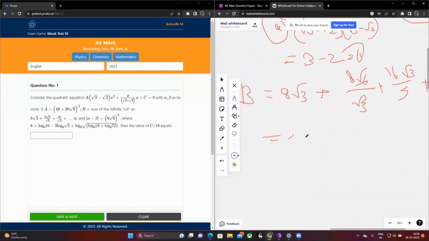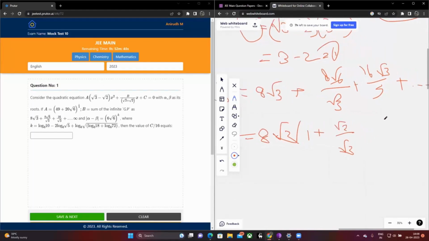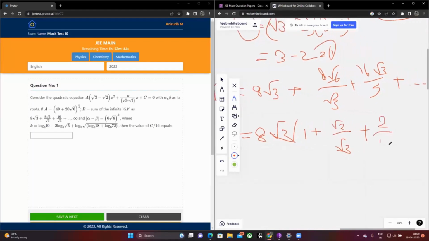Which is basically 8 root 3 times 1 plus root 2 by root 3, because root 2 into root 3 is root 6, and this divided by root 3 comes here. And this is basically 2 by 3, because 8 root 3 into 2 by 3 is 16 root 3 divided by 3, right?